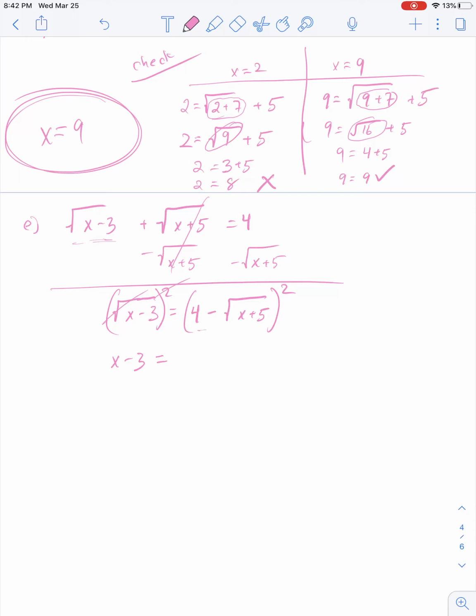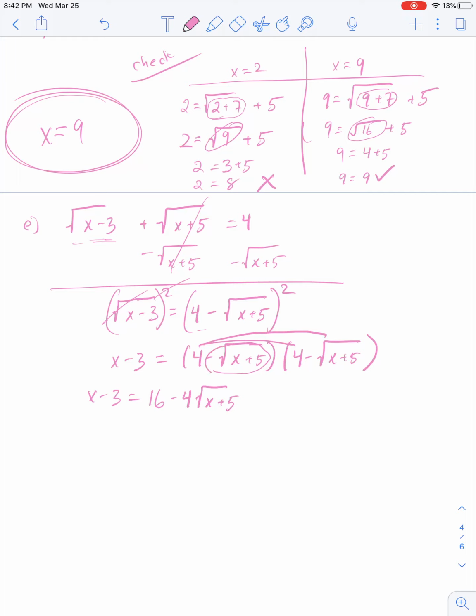We can't cancel them because here we have a binomial, so we have to show two of them. And we got a FOIL. We have the FOIL here. 4 times 4 is 16. 4 times this negative square root of x plus 5 is just a minus 4 square root of x plus 5.